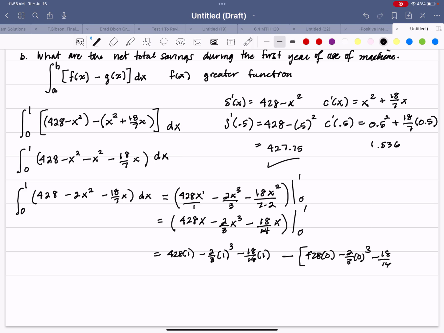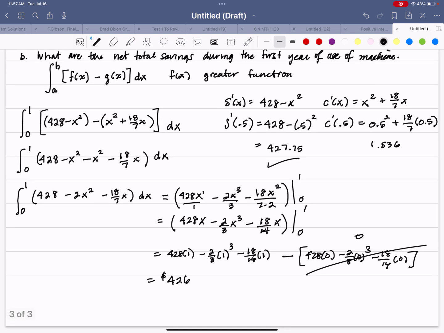Minus 18 over 14 times 0 is going to be 0. So this whole thing is 0. So I just need to do 428 minus 2 fraction key 3 minus 18 fraction key 14, and I get 426 and 1/21. So it's about $426. So the net total savings during the first year of use of the machine is $426.